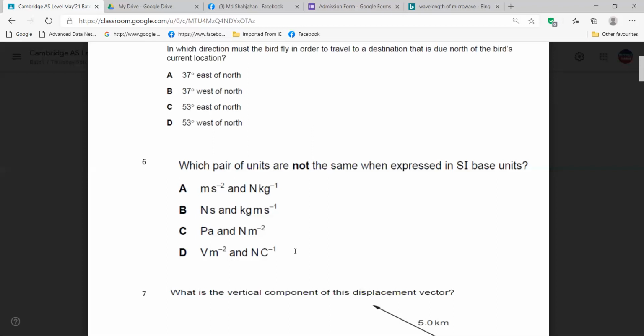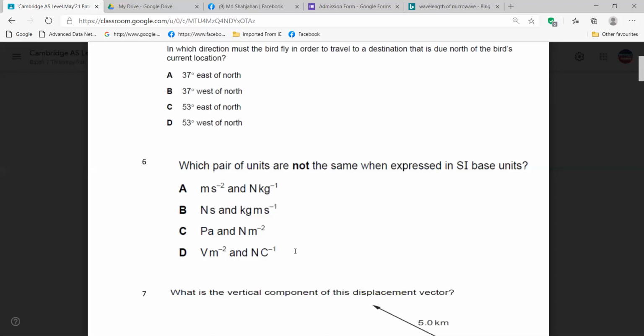That is joule per coulomb. Joule is the unit of energy, right? So you can convert joule in terms of base unit. The newton you can also convert, then you can check.